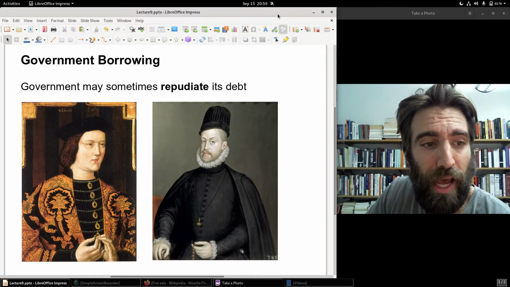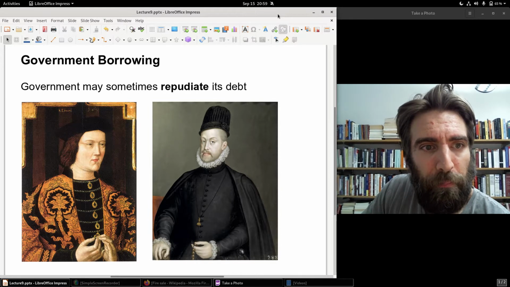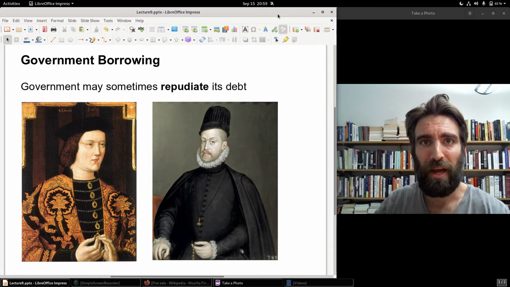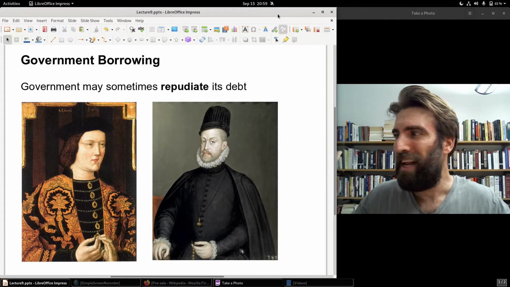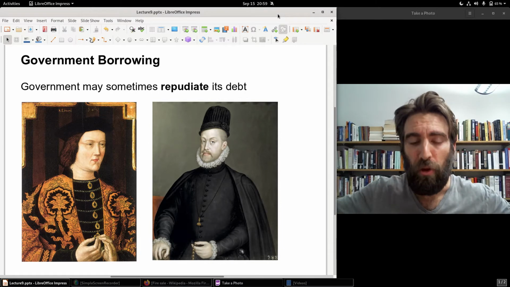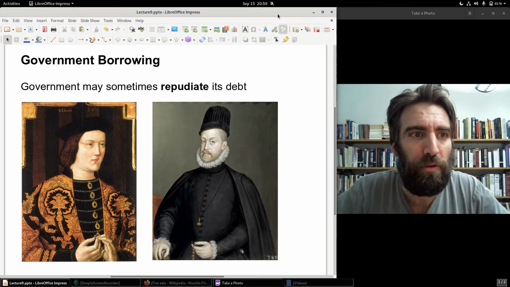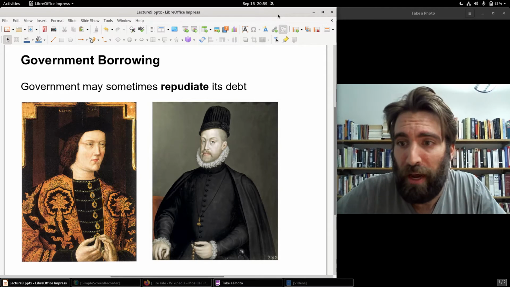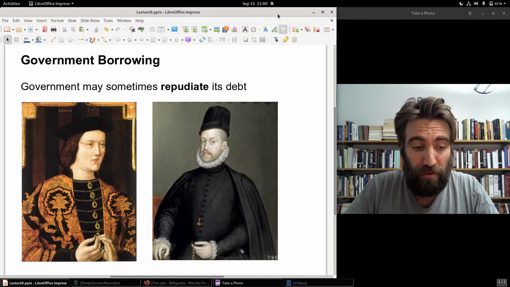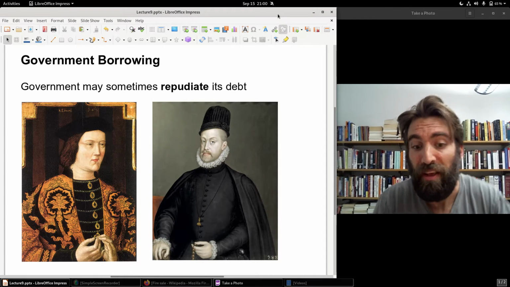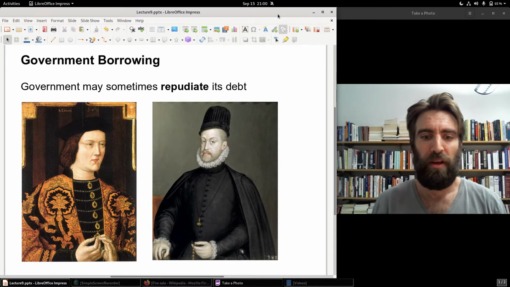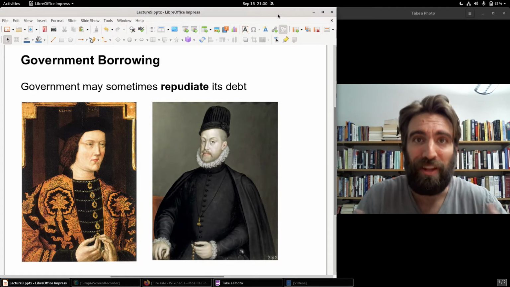It's not unknown today either. From time to time, a government would pile up debt and then decide, you know what, I can't pay it, and just repudiate it. And there was not a whole lot in those situations that a creditor could do about it, because the government has the force of the state behind it, right? It is the state. It has the monopoly on force.